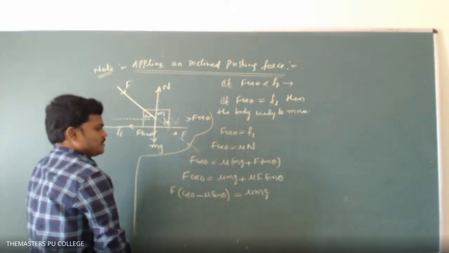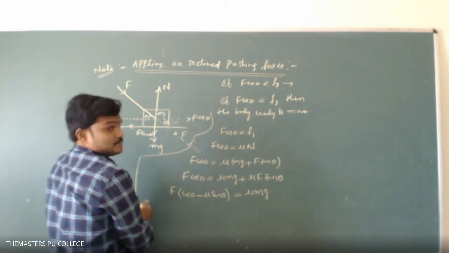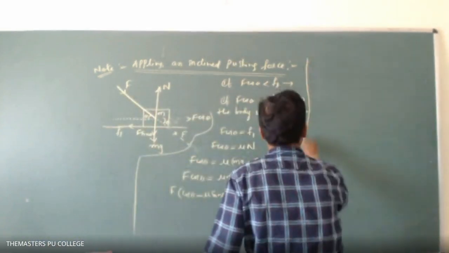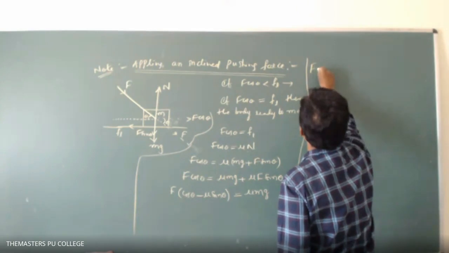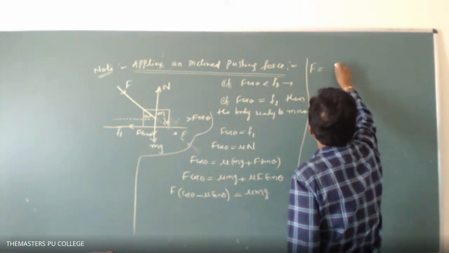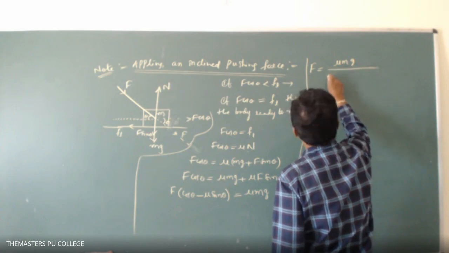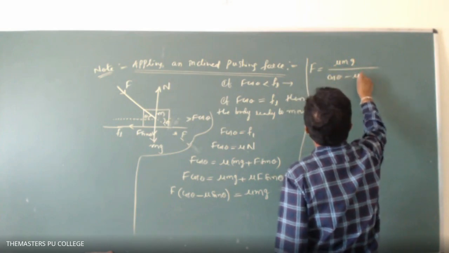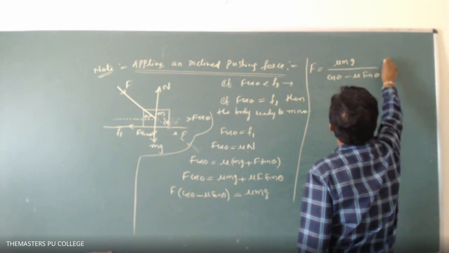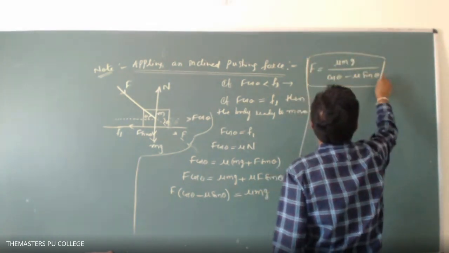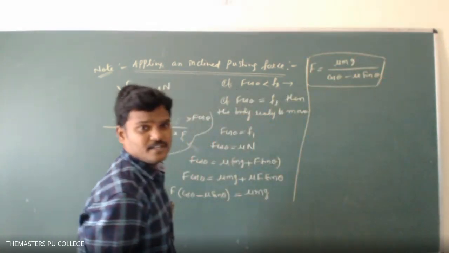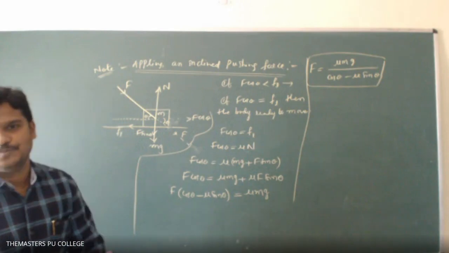What is F I am getting now? F is mu mg divided by cos theta minus mu sin theta. This is the minimum force required to push the body so that the body is ready to move.